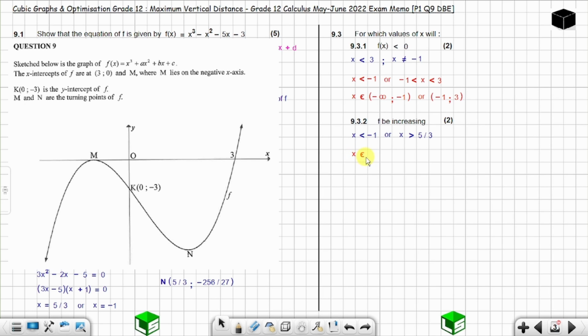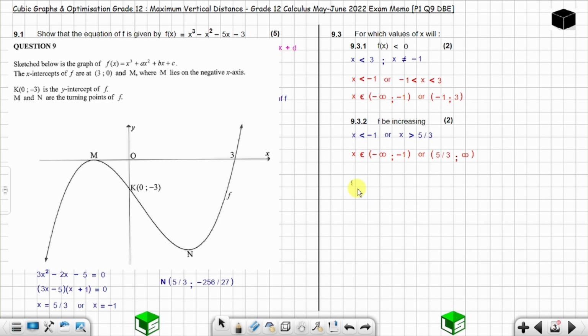X element of from negative infinity all the way to negative 1, the graph is increasing, and from 5/3 all the way to positive infinity, the graph is increasing. Okay, so you have 2 options here. You can give this one or this one.